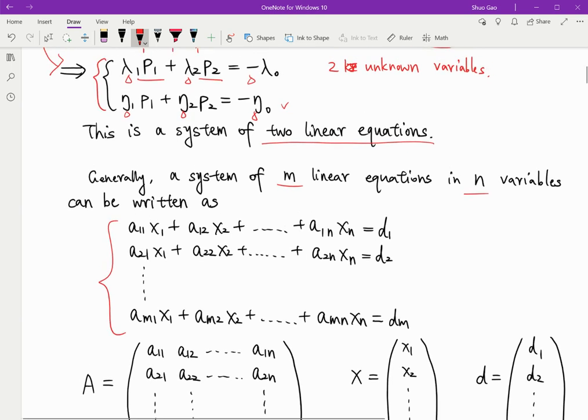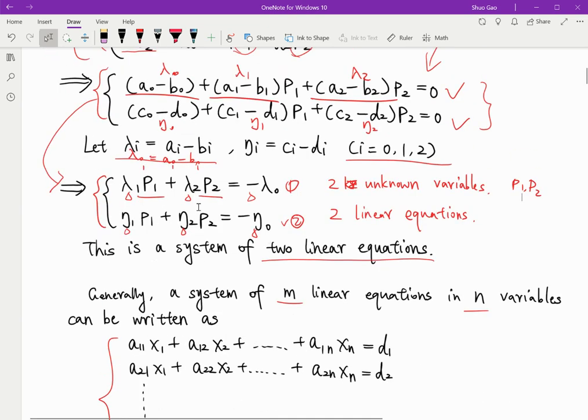So here in this little example, we have only 2 linear equations and 2 variables, right? Because this is the first equation, the second equation, and we only have P1 and P2 as unknown variables. So we have 2 linear equations and 2 unknown variables that need to be solved in this example here.